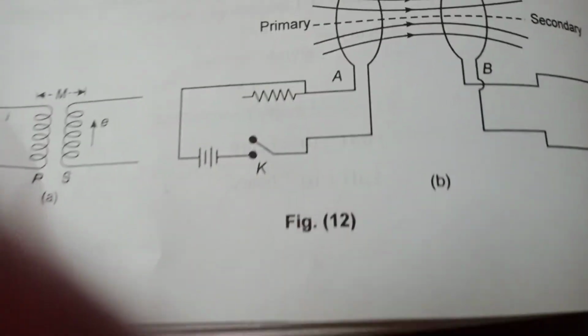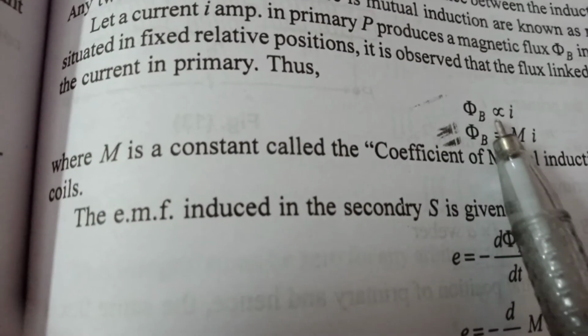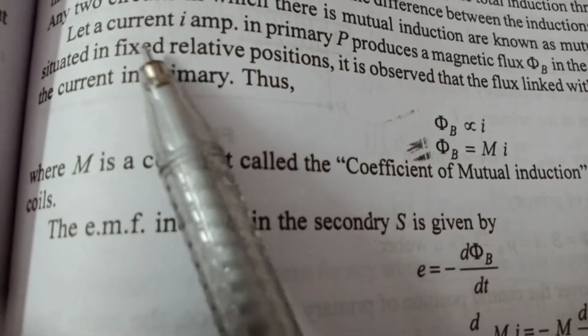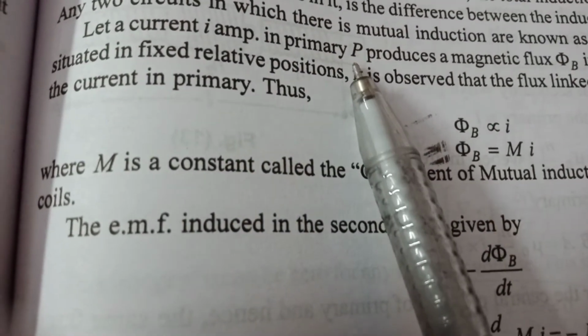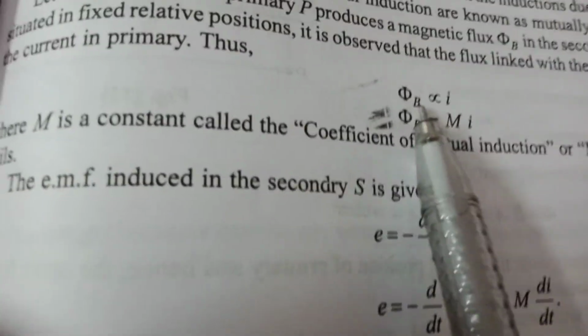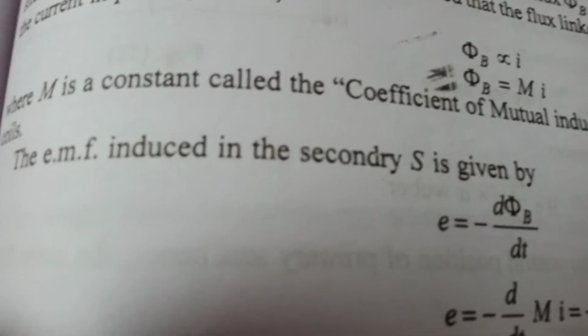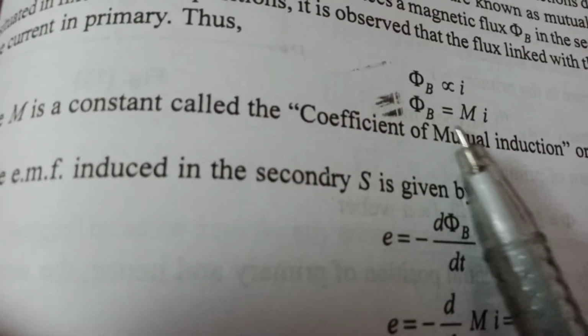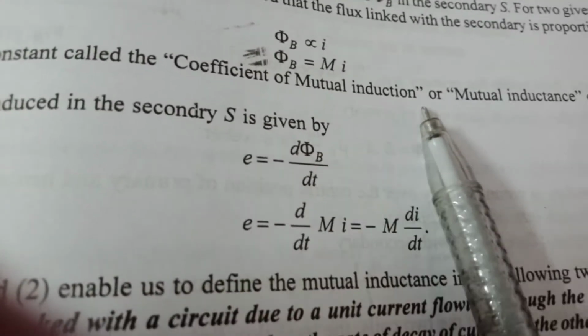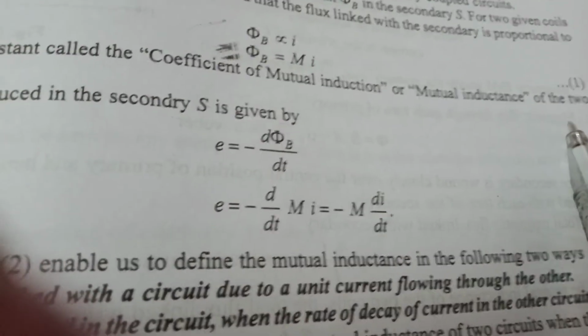Now, the coefficient of mutual induction we have to calculate. So, phi B is proportional to I, that is flux linked with the coil. That is, if a current I amperes flowing through primary P is producing a flux phi B in the secondary, then phi B is proportional to I. Or phi B is equal to M into I. This constant is called coefficient of mutual induction or mutual inductance of the two coils.